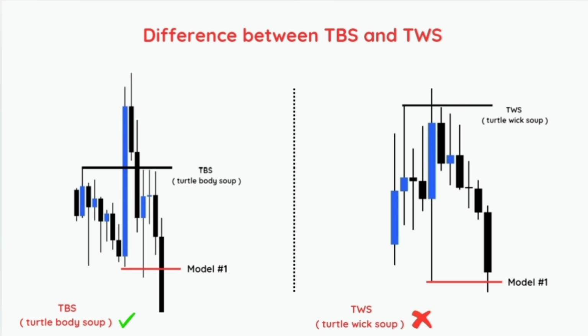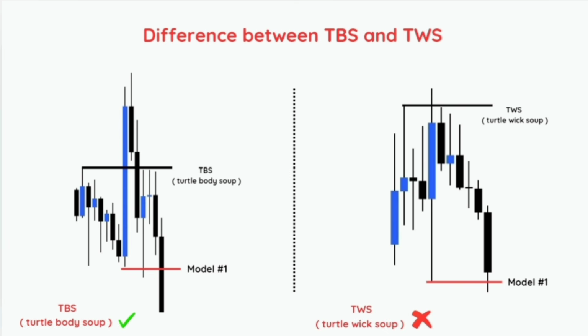Only at that moment, for taking the entry, use TBS and TWS, and don't use it on the higher time frame while choosing your CRT candle and key level, and don't get confused by it. And don't worry, I will explain with a chart example so that you will clearly understand it.